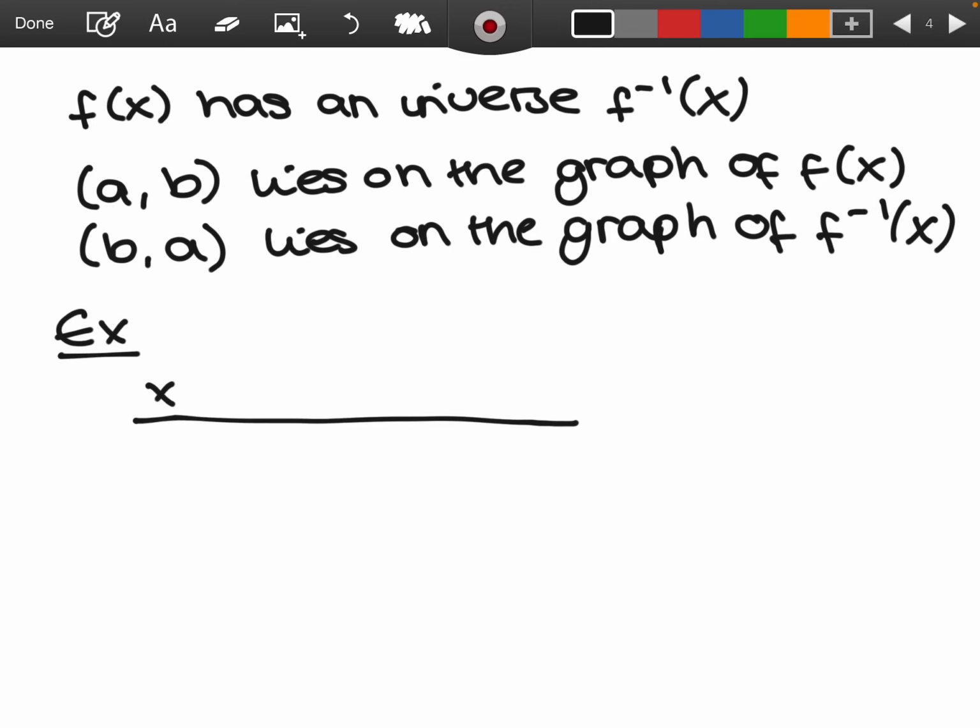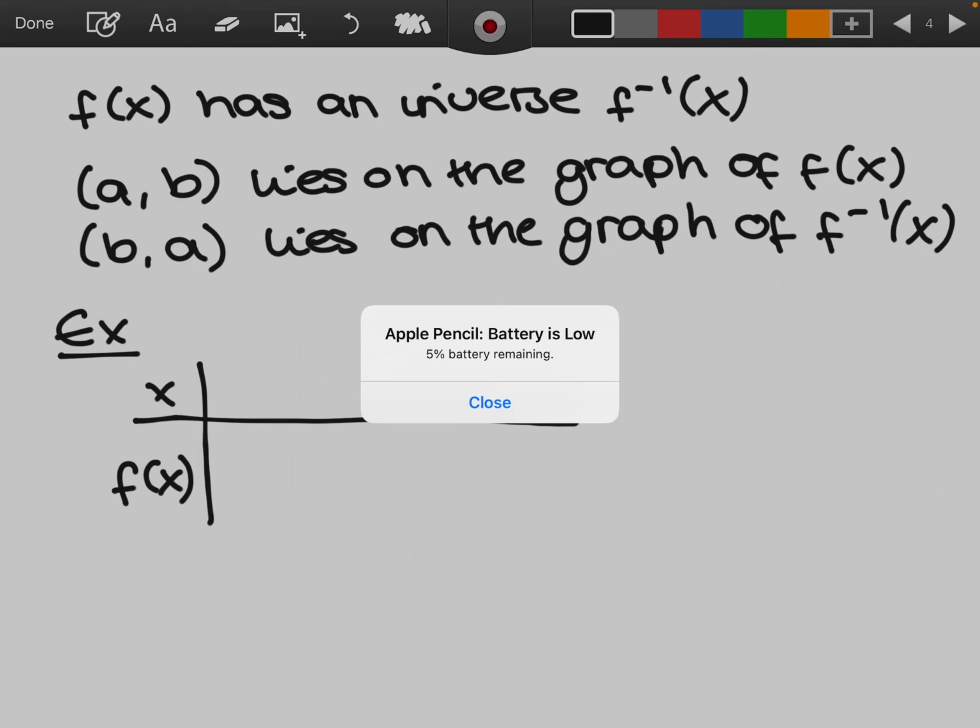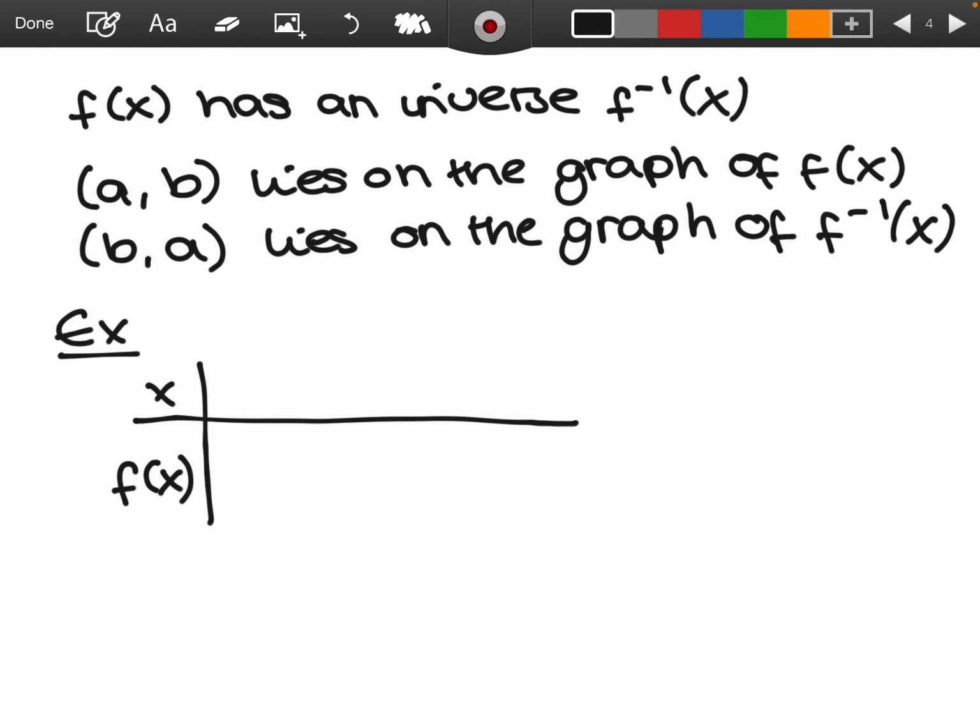So let's say I have been given this table for a function where I've evaluated f of x at these particular points. So I've got x is 1, 2, 3, and 4. And then the function values at those particular x values are 2, 4, 6, and 8.